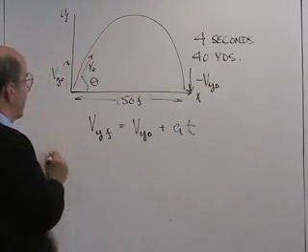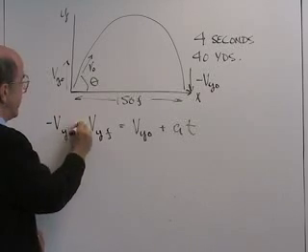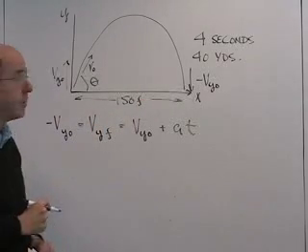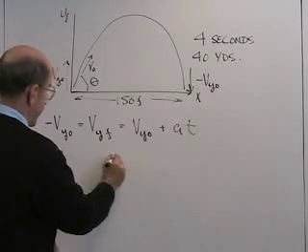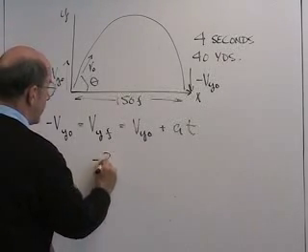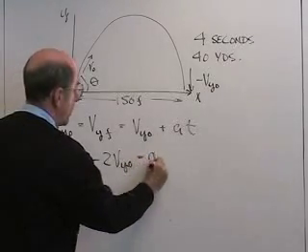I know that Vy final is equal to minus Vy0 by the symmetry of this motion. And so that says to me that minus 2 Vy0 is equal to AT.